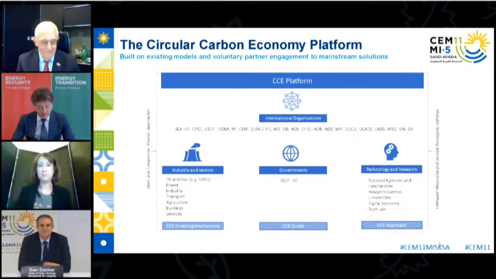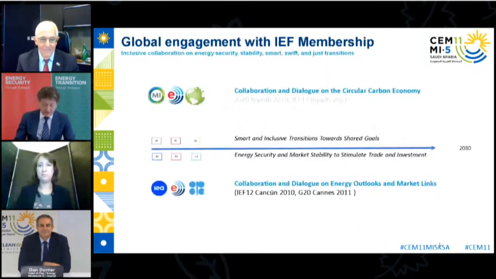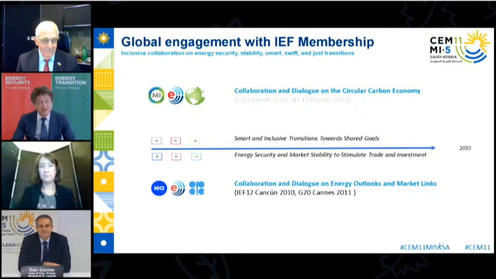Next slide, please. The IEF offers such a platform by building on the model of the trilateral program of work with the International Energy Agency and OPEC on energy security, or the Joint Organization's Data Initiative on market transparency.